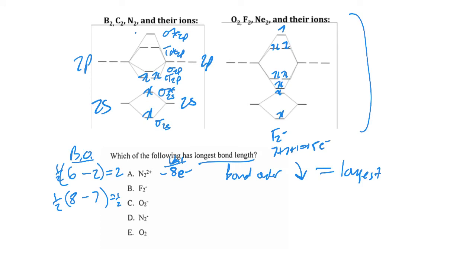O2 with a minus charge would use this base diagram here. So O2 minus, let's do that in red. O2 minus would only have a total of 6 plus 6 plus 1 for 13 electrons. So we have to kick 2 out. Let's get rid of that one and that one.